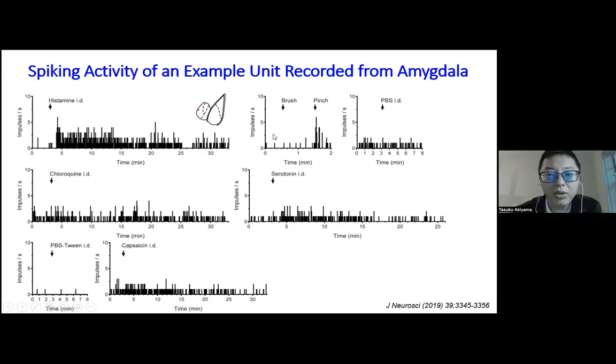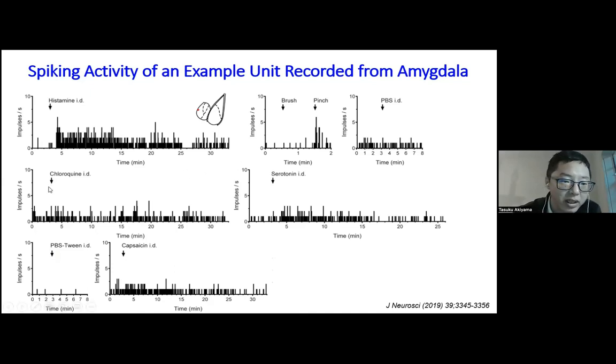In the same unit, we tested the brush. We apply the brush to the foot, and there's no activation, no increase in the firing. This is the pinch stimulus. We apply the pinch to the foot, and you can see an increase in the firing by pinching the foot.